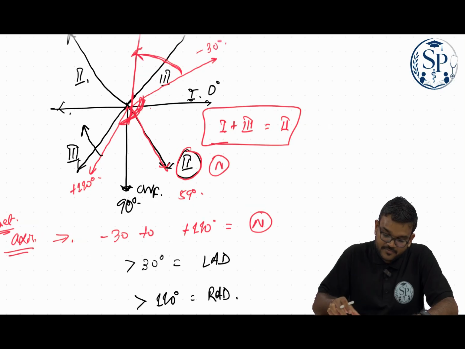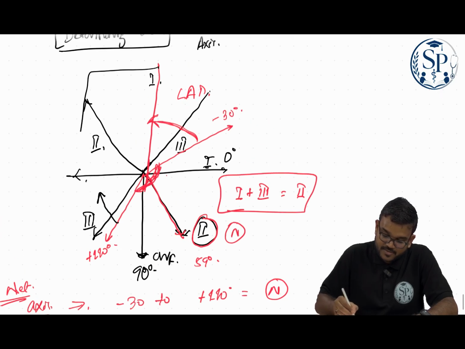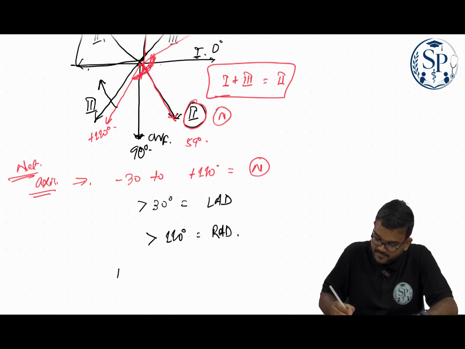Okay, and if it falls on this quadrant, then it is extreme axis deviation.